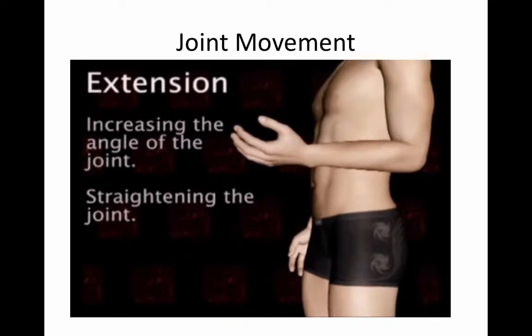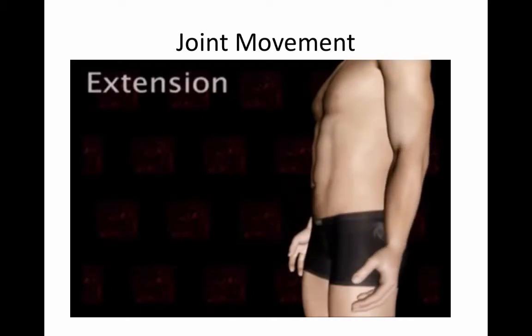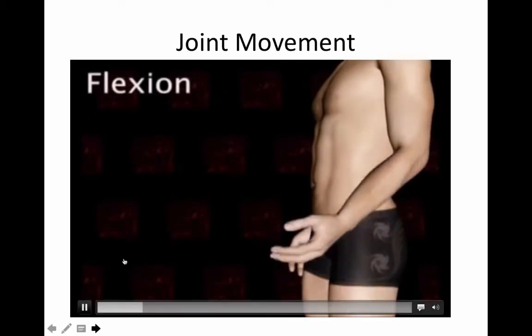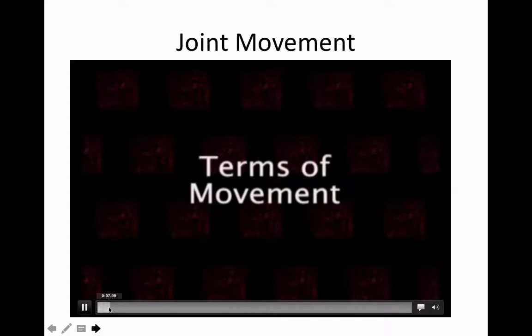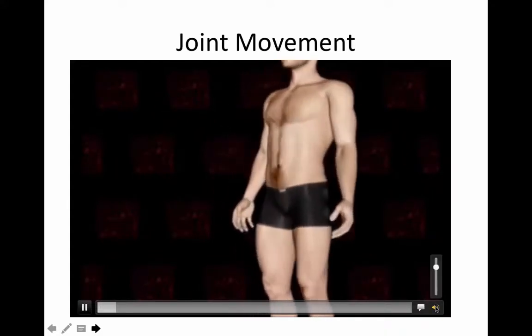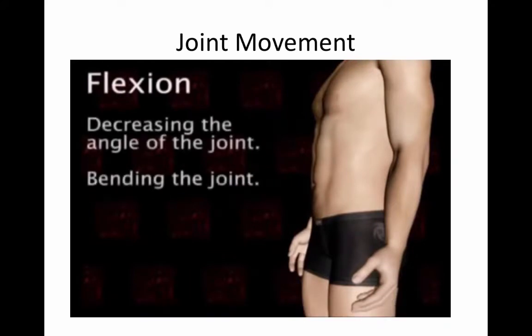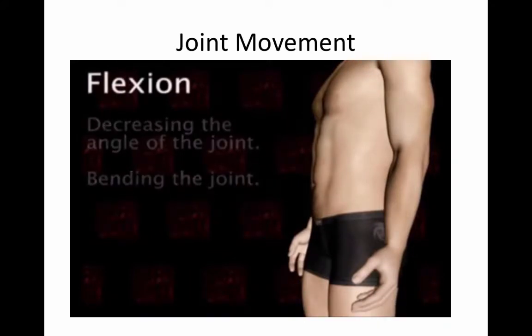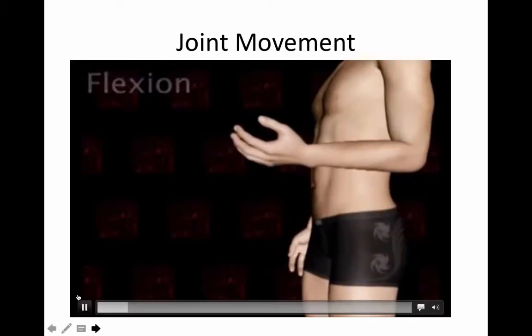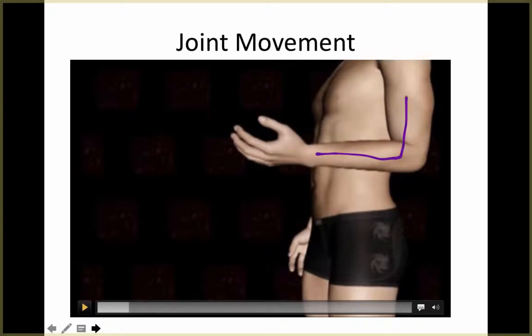So if you see he moved his arm closer, so let me move back here really quick. So when we go through this, you can see on here, right, he's going to move his arm closer. Let me pause this really quick. If you look here, his arm started down here and it moved up.